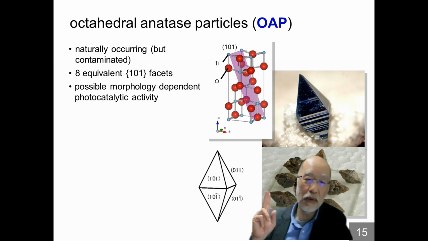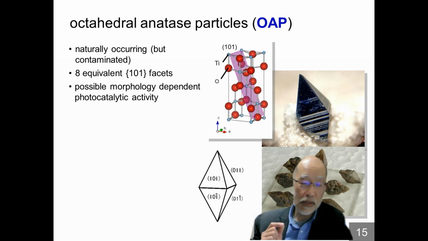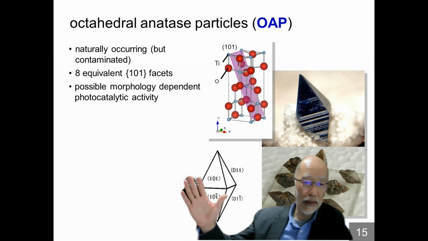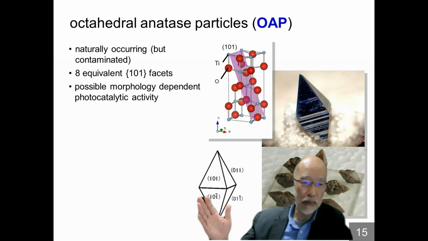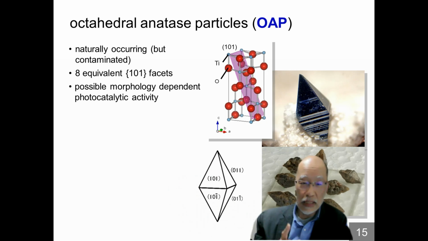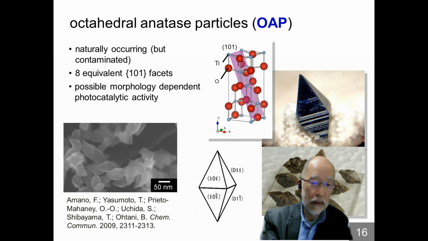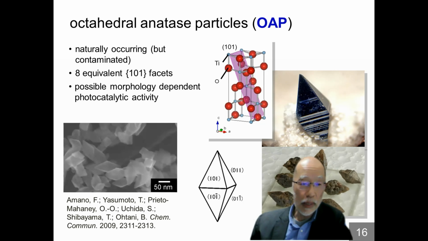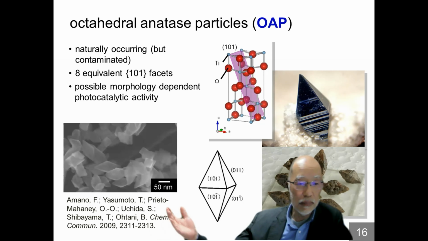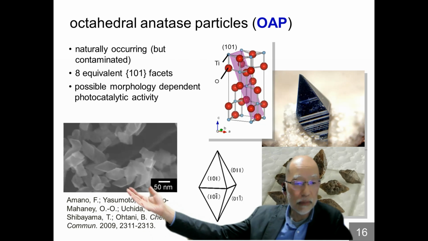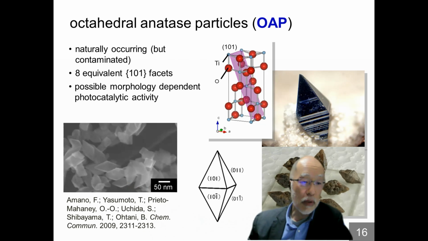And this is the only possible crystalline structure having equivalent surface facets. All the surfaces of this particle are the same. And luckily, we could find a way to produce pure octahedral particles by the hydrothermal method.